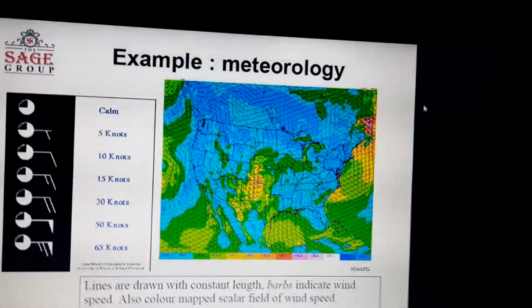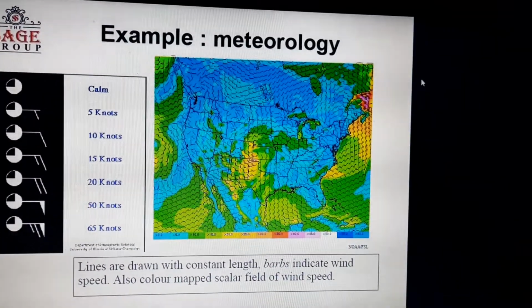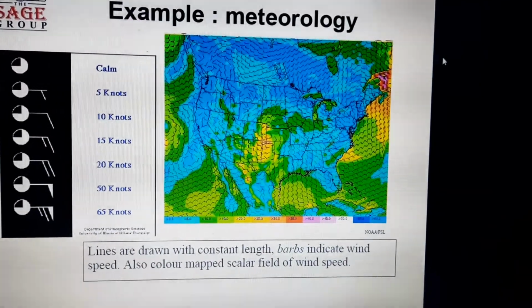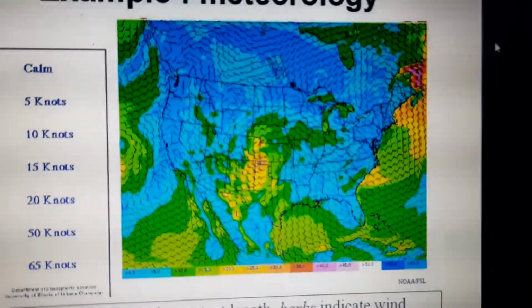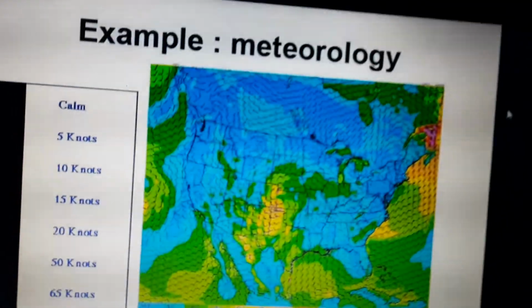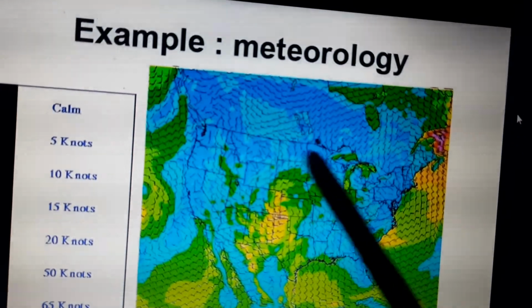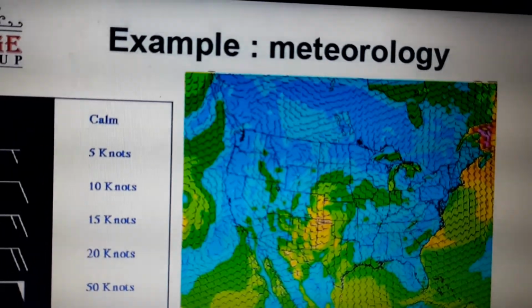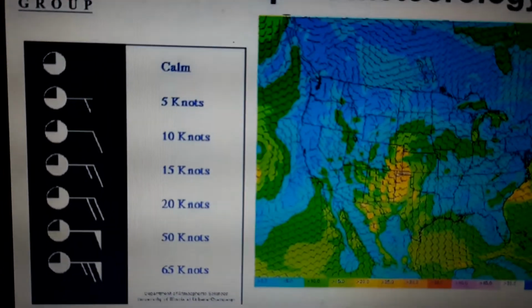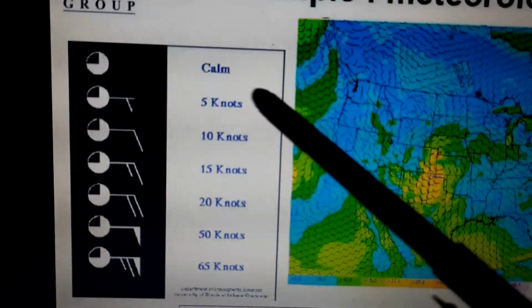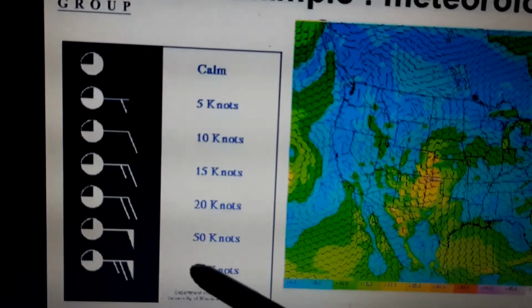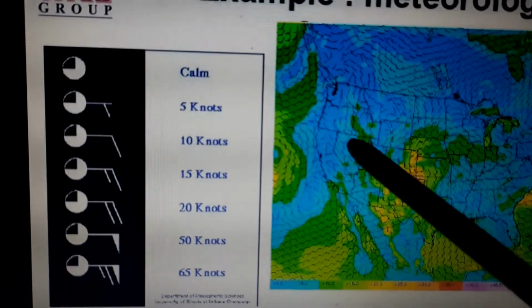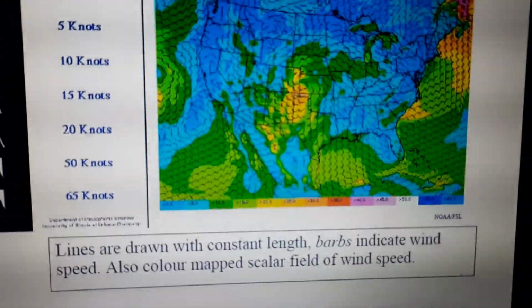See, in this map we want to show the speed of the wind. So we have drawn lines here to show the wind, and this is the value representing these lines in the diagram.